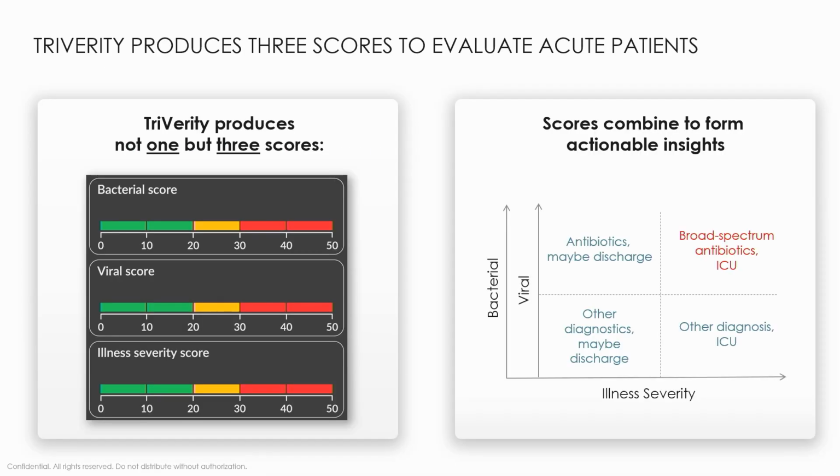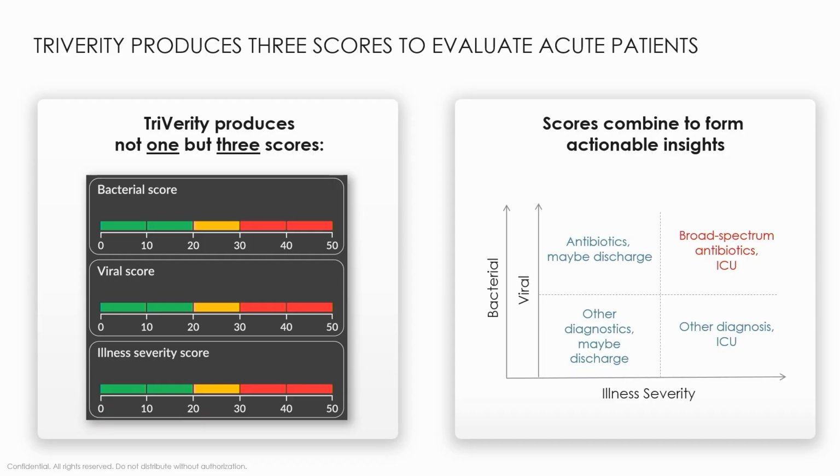Now, this test gives us a bit of a different piece of information. It's hard to compare these technologies to one another because instead of telling us about risk of sepsis, this particular test gives us two pieces of information. It's going to give us a bacterial risk and a viral risk, so risk of what kind of pathogen may be there, and it's also going to give us an illness severity score risk.